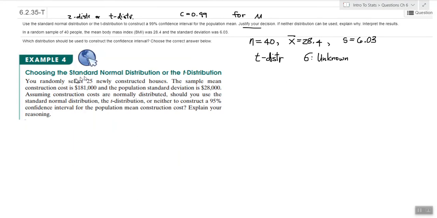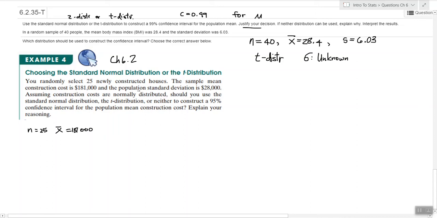So let's compare this with the wording in example 4 from 6.2. So this is example 4 from chapter 6.2. You randomly select 25 newly constructed houses. Okay, so n is 25. And the sample mean construction cost is $181,000.